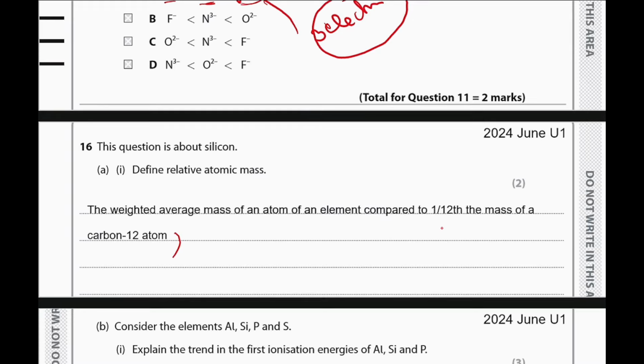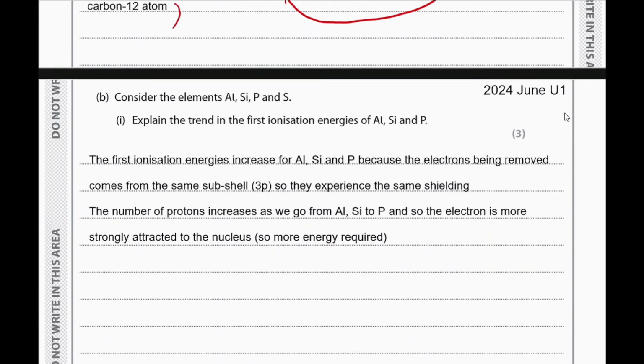That means whatever the mass of a carbon 12 atom is, we will compare 1/12 of that mass with the weighted average mass of an atom of any element. So instead of silicon, it could be carbon, fluorine, oxygen, nitrogen, it could be anything. All right, let's move on to the next part.